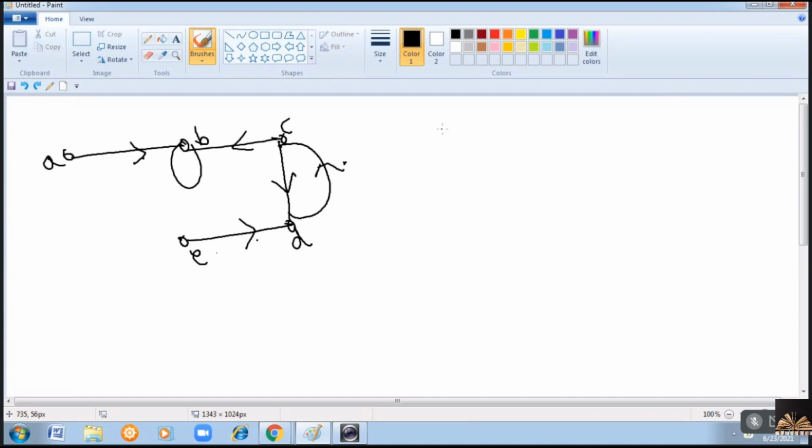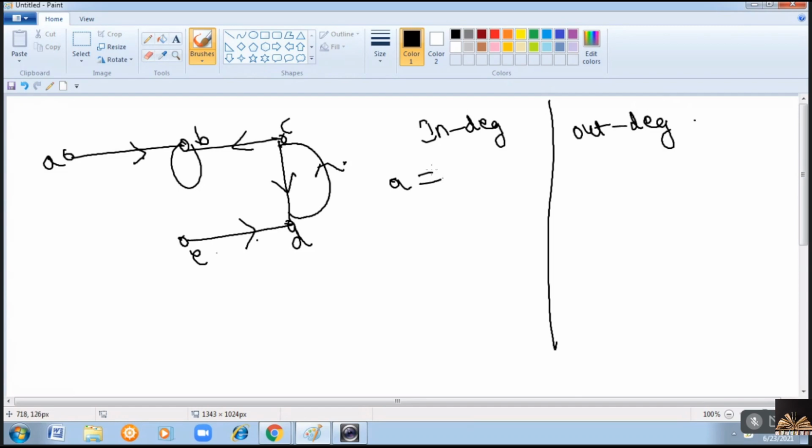Now let us calculate this in degree and out degree. So for every vertex we have to calculate, right? So let me write in degree and out degree. So for A, what is the in degree? In degree means number of edges coming towards. Is there any edge coming to A? No. Out degree of A. How many are going from A? Only 1.